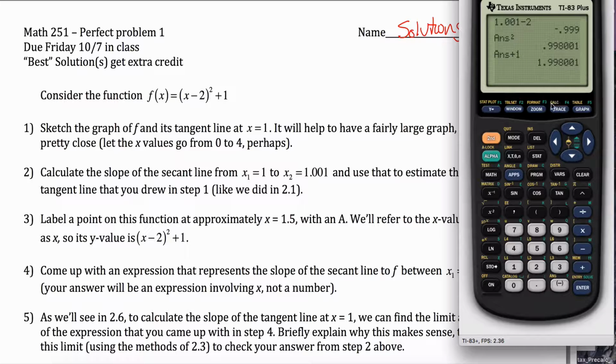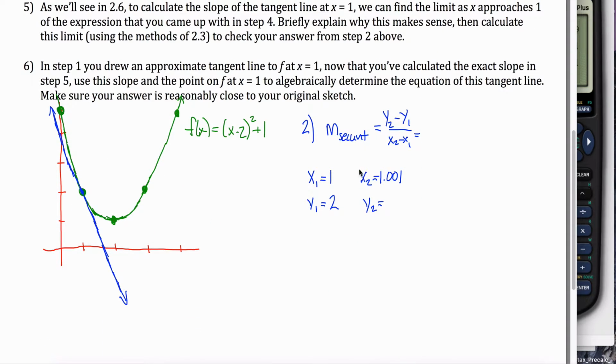And what I get is 1.998001, 2 9s and 8, 2 zeros and a 1. God, why can I not remember 2 zeros and a 1? There we go. That's what I came up with right there.